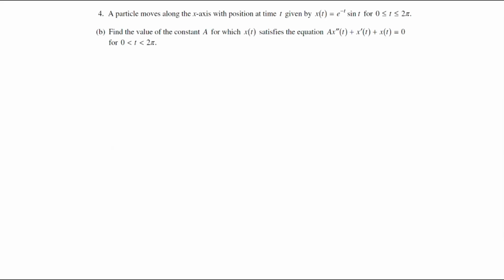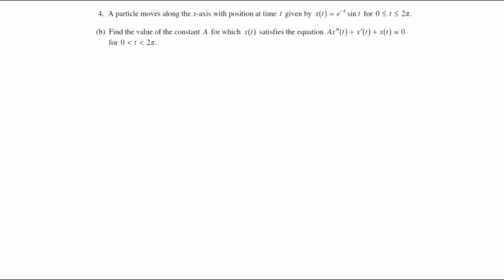In part B, it says find the value of the constant a for which x of t satisfies this equation, that a x double prime of t plus x prime of t plus x of t is equal to 0. And so we've got, well, a times x double prime plus x prime plus x.